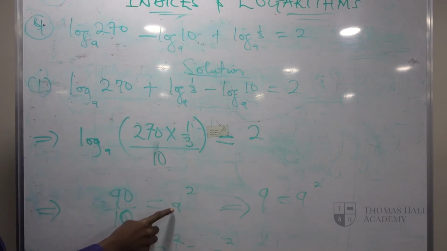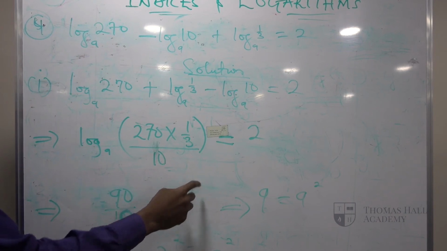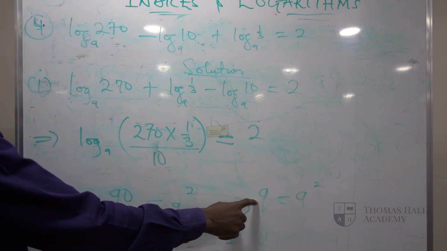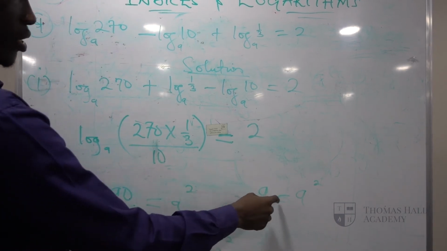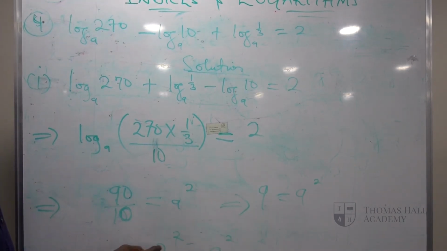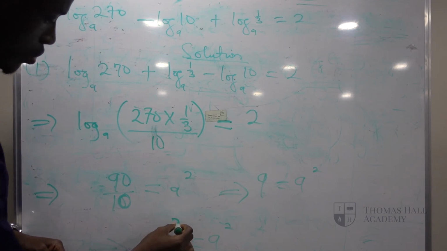A serves as the base. This logarithm is gone. We are having 90 over 10 equals A raised to the power 2. 90 over 10 is the same thing as 9. 9 equals A raised to the power 2. 9 can be written as 3 raised to the power 2, which is 3 times 3.